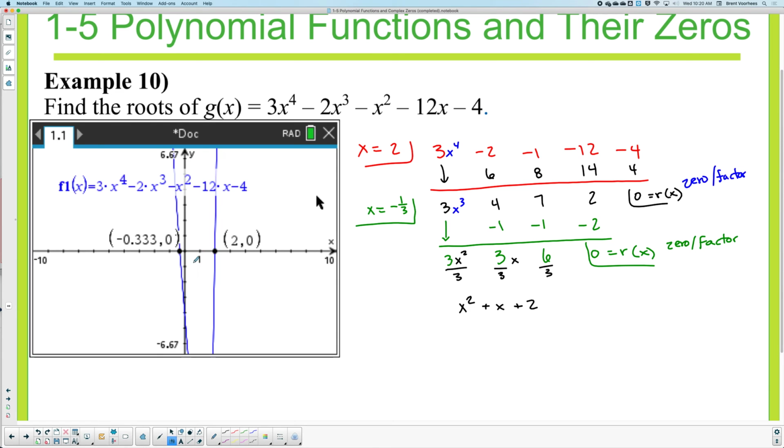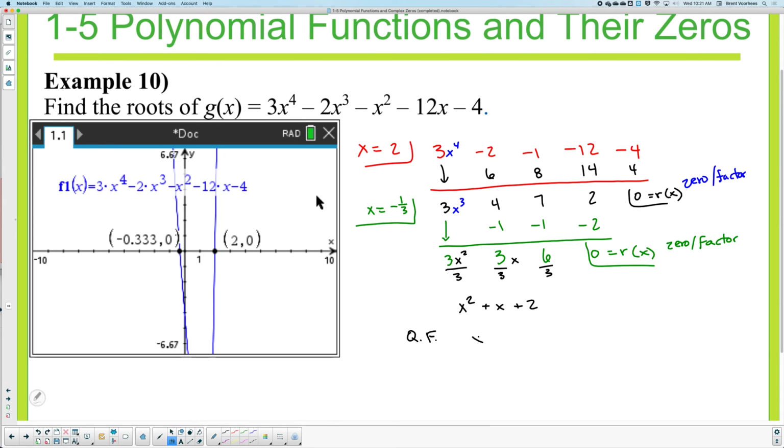Now, we already know from the picture this will not be real, but just think about it. Factors of 2 that add up to 1. Someone's going to say 2 and 1. What's the problem, though? They don't add up to 1. They add up to 3. So what if he said 2 minus 1? Wait, no. That would multiply to be negative 2. So that doesn't work. So what do you use for a trinomial if the x method doesn't work?